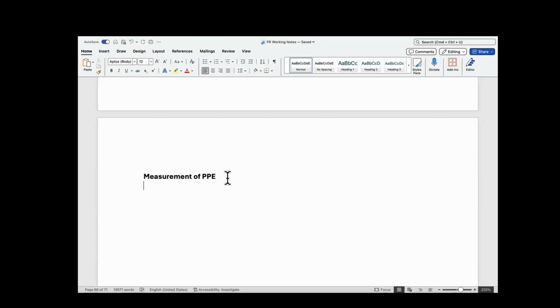How much? So the approach to measurement of PPE, there are two. It involves determining it at two levels.